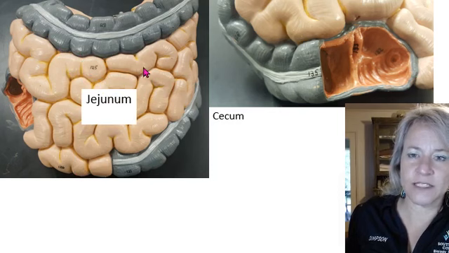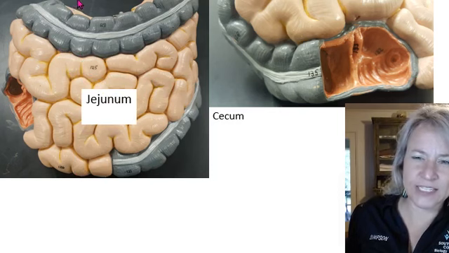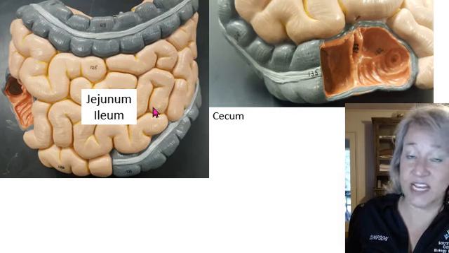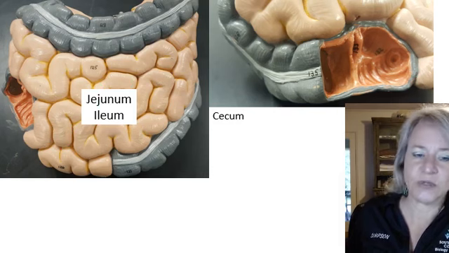All this part is going to be the jejunum. The duodenum is this little bitty 9 inches that's up here. So all of this here is the jejunum, and all of this down here is the ileum. Because remember, the small intestine is divided into 3 parts: the duodenum, the jejunum, and the ileum.